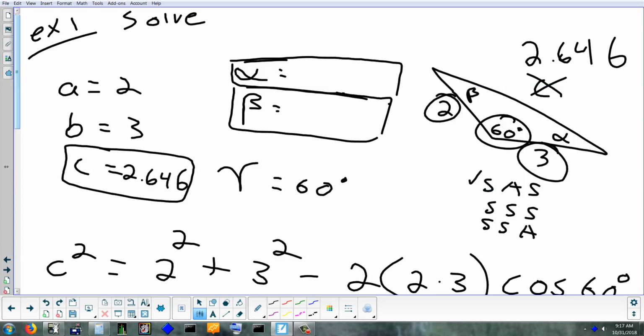So what I'm going to do is use law of cosines one more time to get either alpha or beta. Okay, so any questions why I'm not going to use law of sines? You can, and if you're careful, it will work. But you have to be careful.